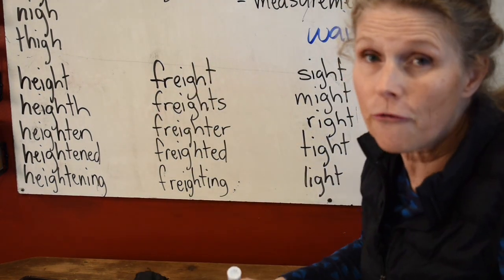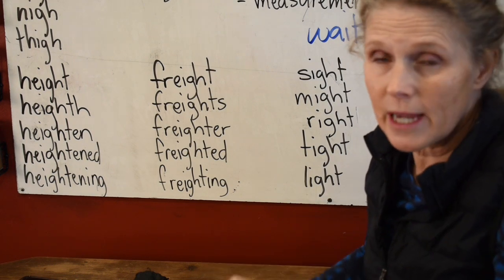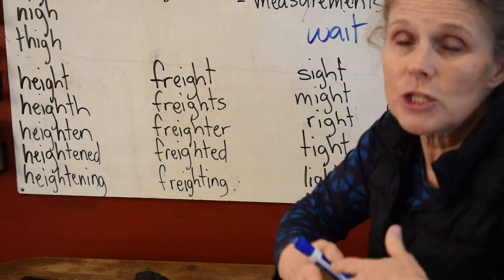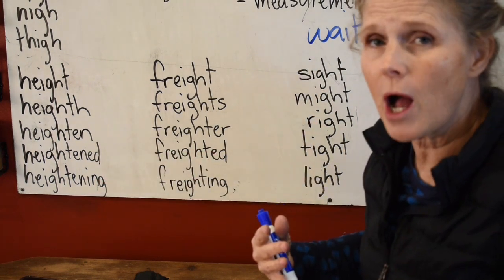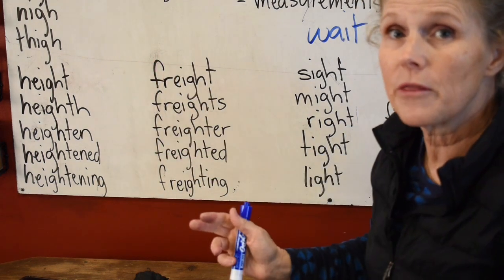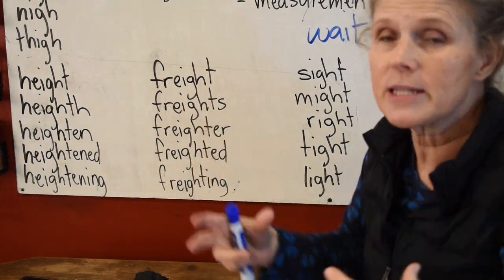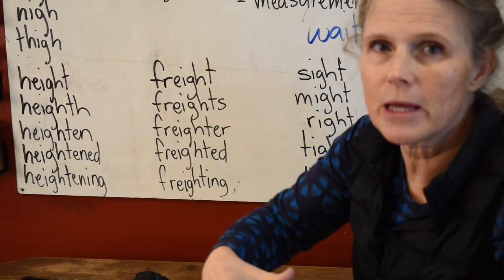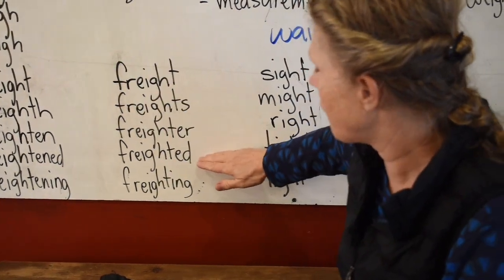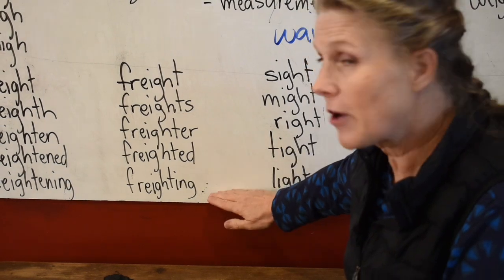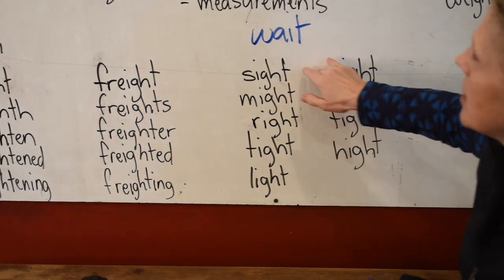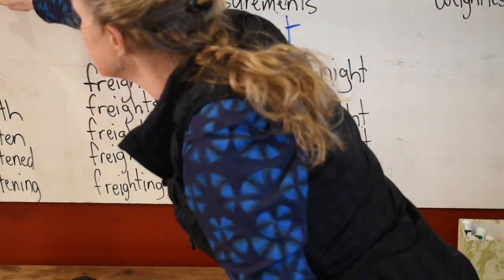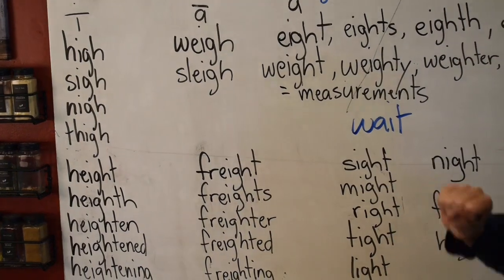I used to throw freight when I worked at a grocery store, and that means you are taking all of the stuff that comes out of the truck and putting it on the shelf. The freight is everything big in a big lump sum. Freighted, freighting.